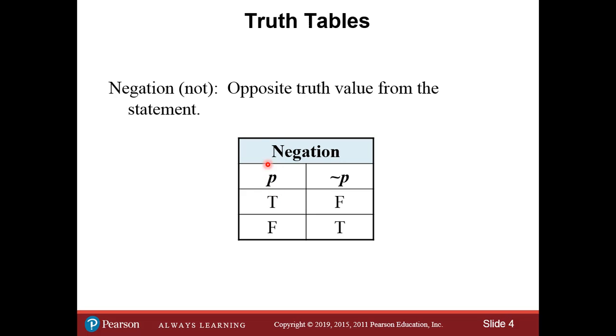For example, if we have one statement, the first column always tells us the number of possible truth values. The two possible values for P are either true or false. If that's the case, then not P, the negation, would be false. If this is true, then this is false, because this means the opposite of P. If this is false, then this will be true.